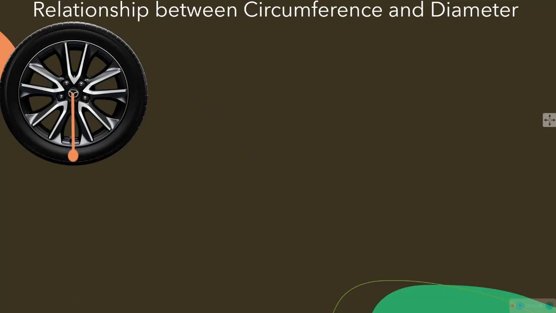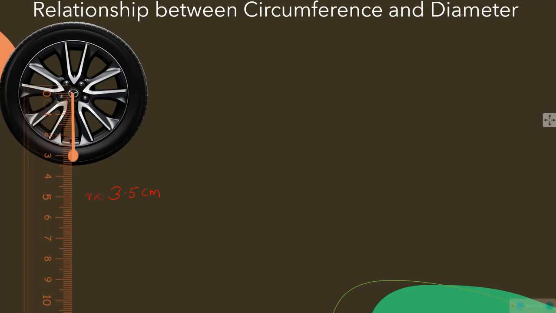This is the radius of this wheel, and with the help of a scale, suppose it is 3.5 centimeter. I measured, almost, 3.5 centimeter is the radius.